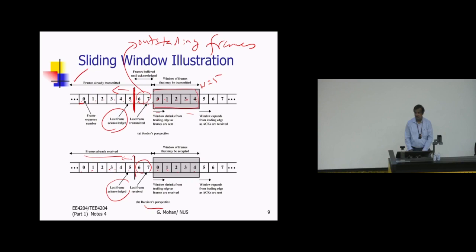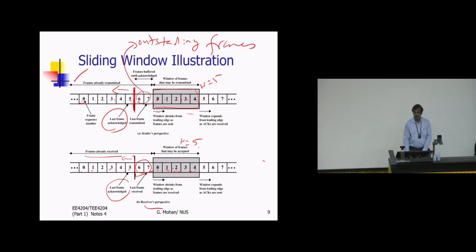It has not yet sent the acknowledgement. The remaining numbers within the window are the frames which it could possibly receive in future. But it can receive only 5 more, say W equal to 5, because initially 7, it has already received 2, so now W equal to 5. Again, as I said, this illustration shows the same state for both, but it need not be.